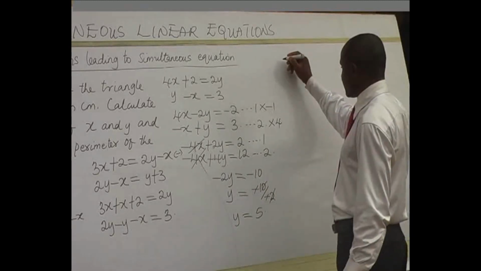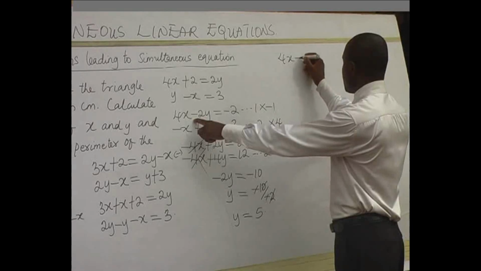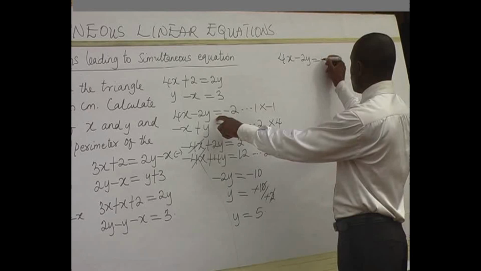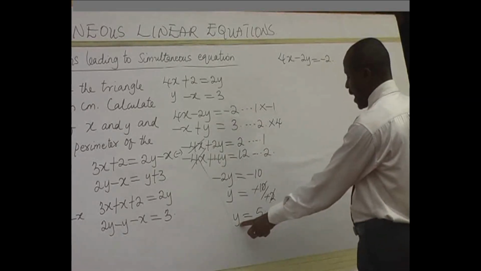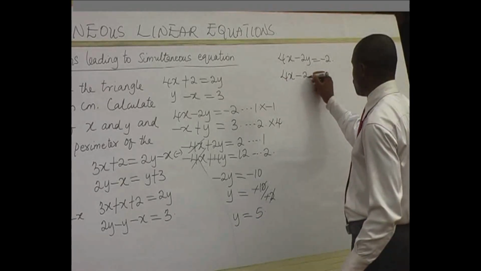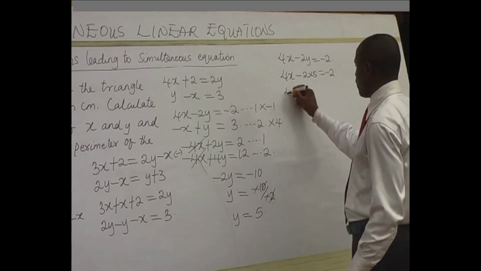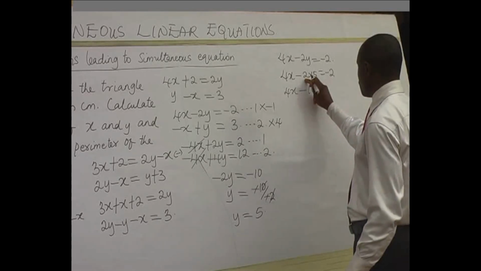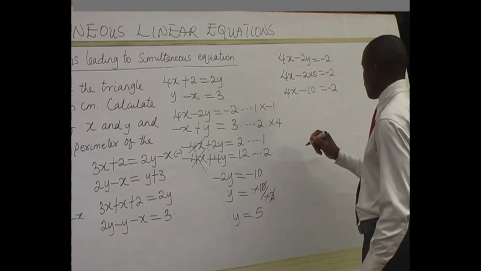Our equation 1 says that 4x minus 2y is equal to minus 2. Then wherever you see y, put 5. So we are going to have 4x minus 2 times 5 is equal to minus 2. 4x minus 10, minus 2 times 5 will give you minus 10, is equal to minus 2.